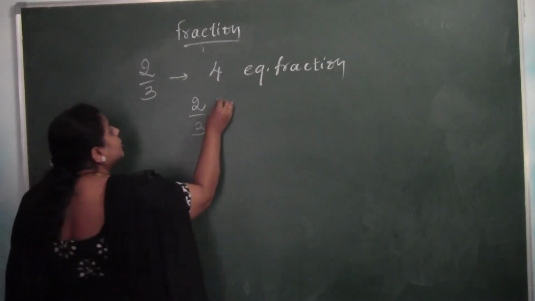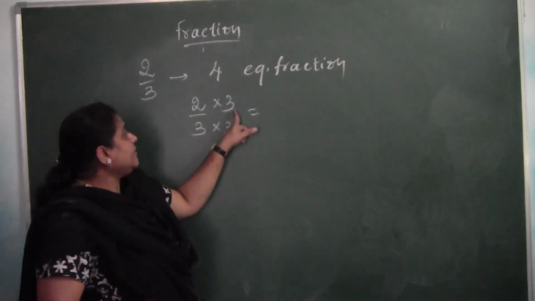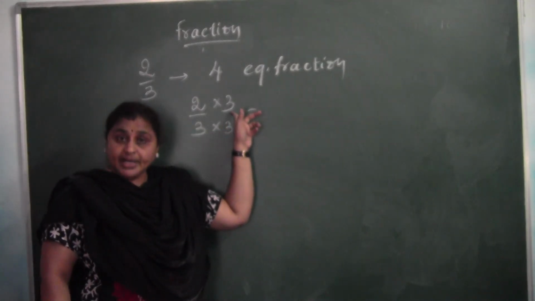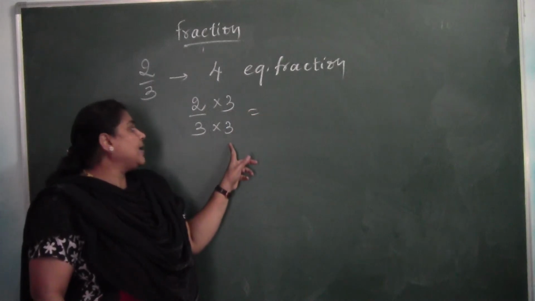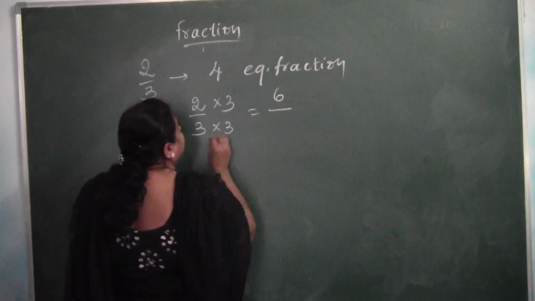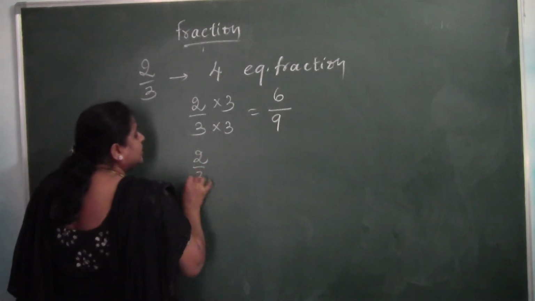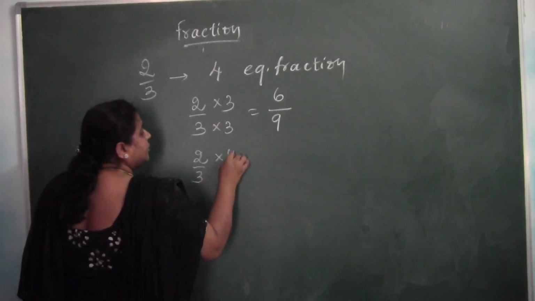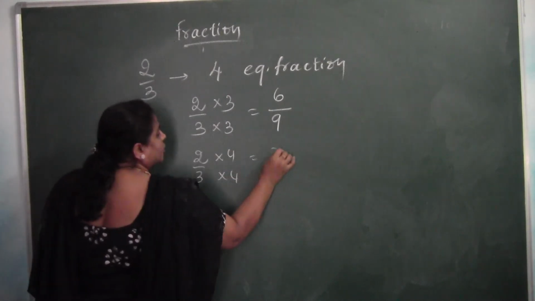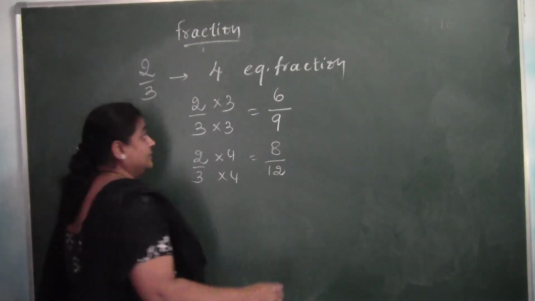Now let us take 2 into 3, 3 into 3. So whatever the number I am multiplying with the numerator, the same I am multiplying with the denominator. Now 2 3s are 6, 3 3s are 9. Again take the same fraction, 2 into 4, 3 into 4. 2 4s are 8, 3 4s are 12.